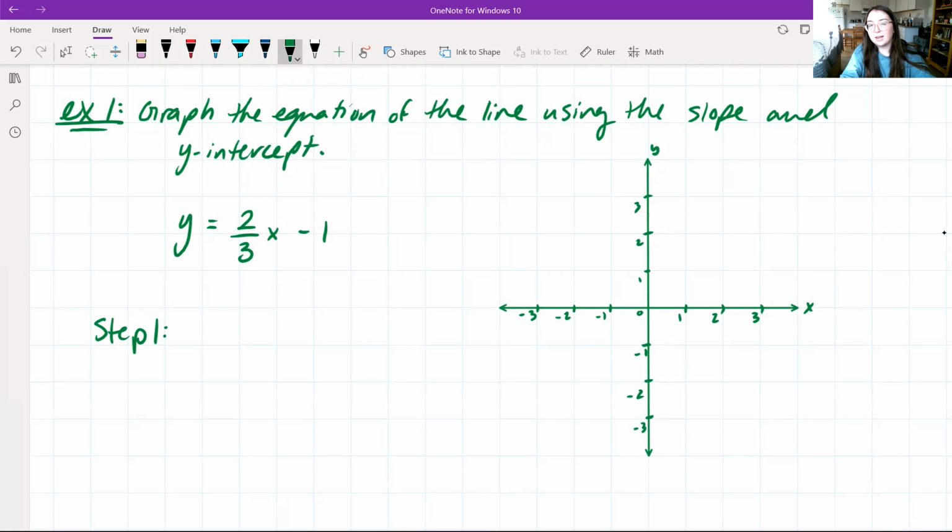We can even rewrite it a little bit more, because we have y is equal to mx minus b. But we know that subtraction is the same thing as adding the inverse, so we can rewrite this as y is equal to 2/3 x plus -1. So now we're in the true form.